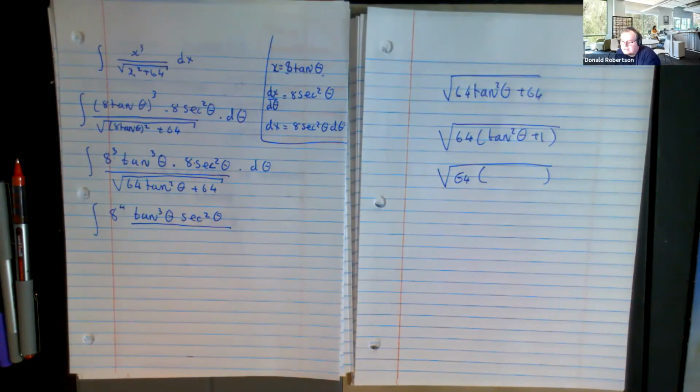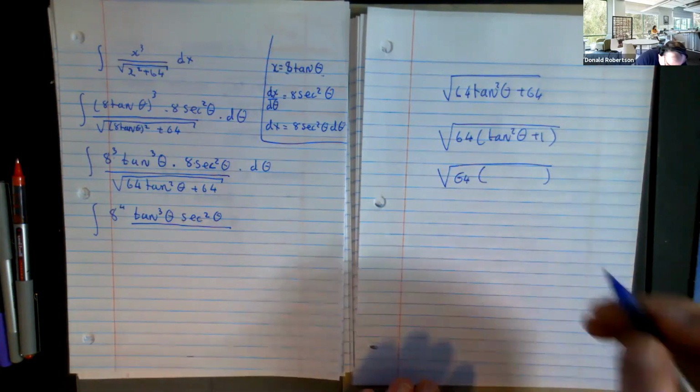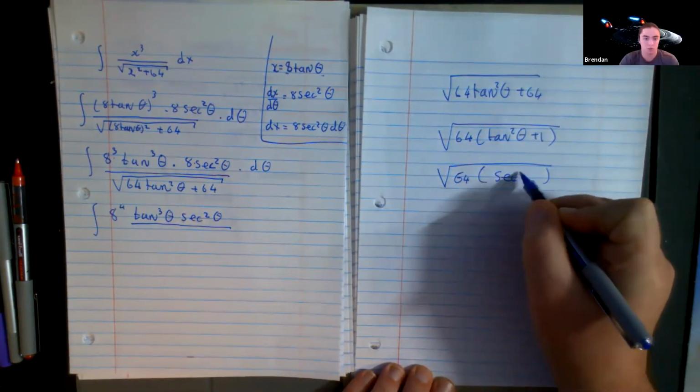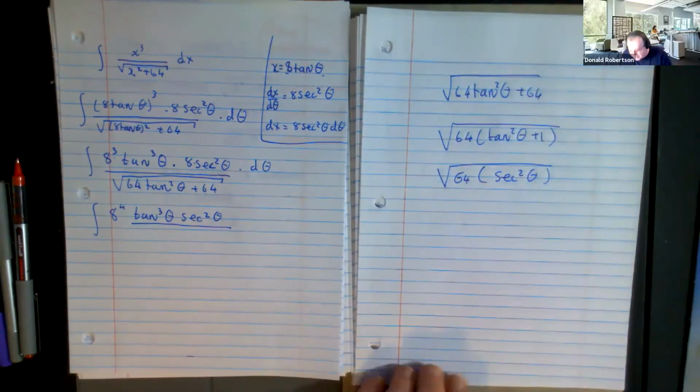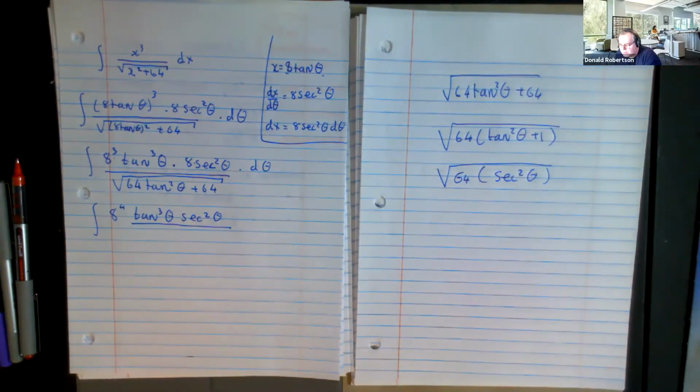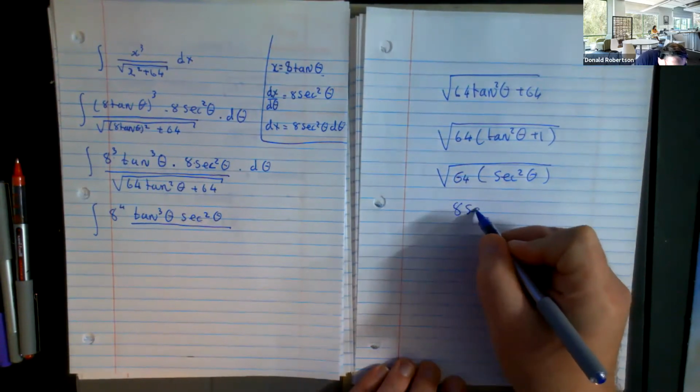He was in my little list and he's kind of there or thereabouts. Last chance? Secant squared. There you go. In a way, wouldn't it have to be something squared if this is going to turn out nice? Now, what do you get? You get 8 secant theta.